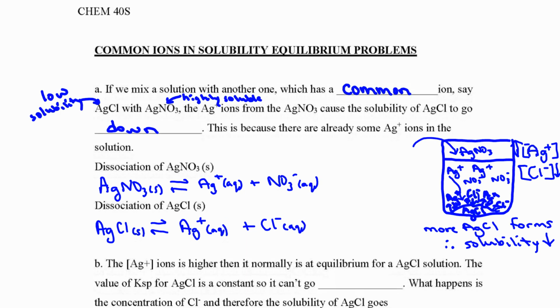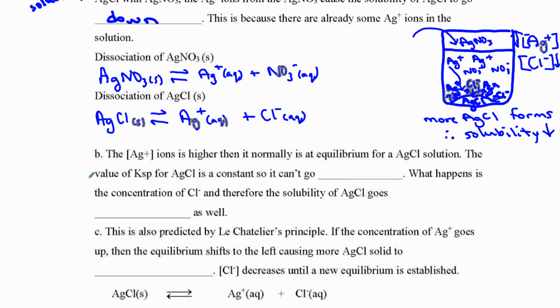So this next little bit talks about what I tried to explain with the diagram. The silver Ag plus concentration of ions is higher than it normally would be at equilibrium for a silver chloride solution. The value of KSP for AgCl is a constant, so it can't go up or down.